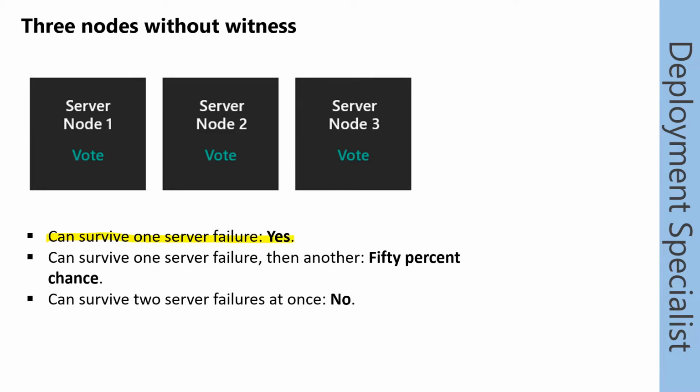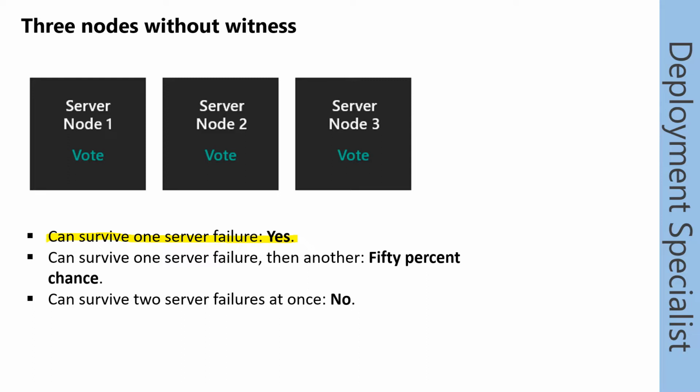Yes, we can survive this. But then we have a concept that is called dynamic quorum, the dynamic majority set. This means if server 1 has failed, nodes 2 and 3 see, okay, we have 2 from 3 nodes. We can build the quorum.